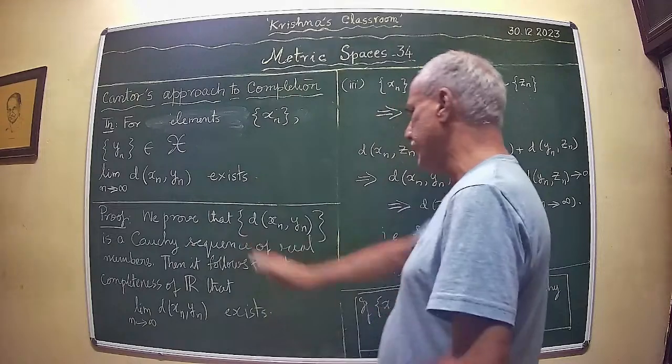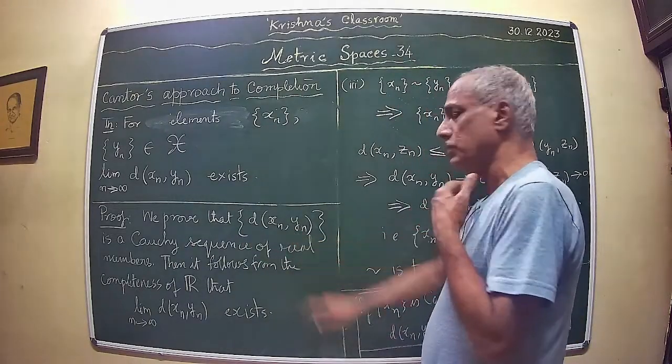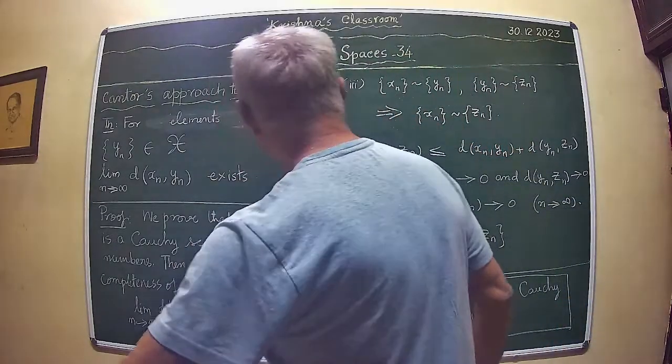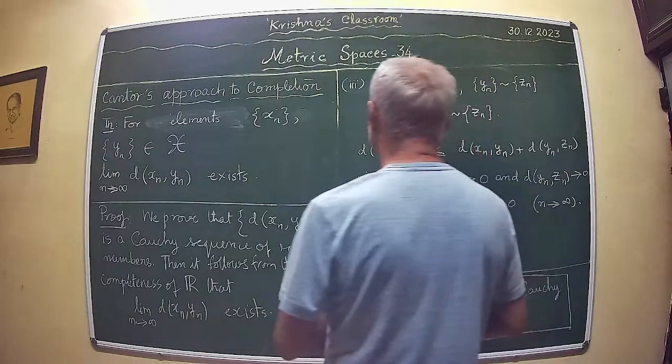So all that we need to prove is that this is a Cauchy sequence in R. So we have to estimate it.